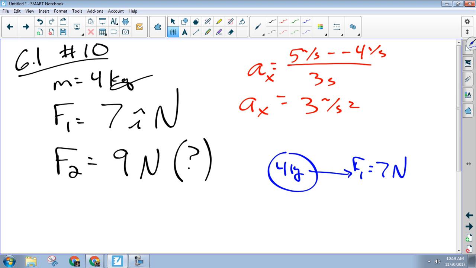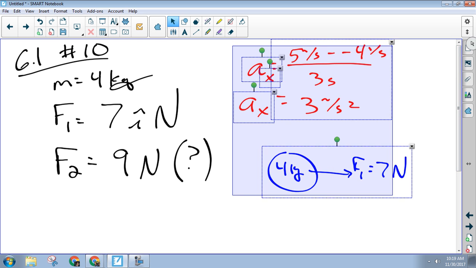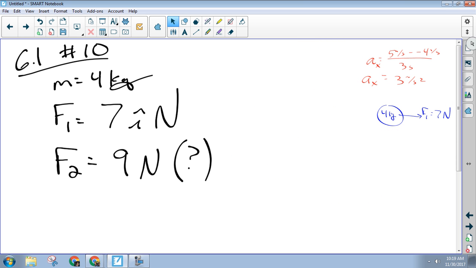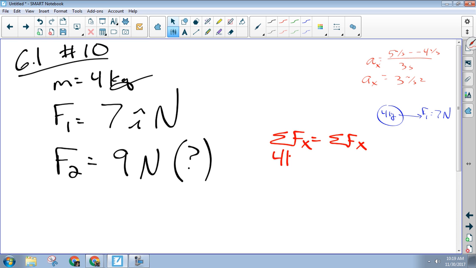So basically what I can do here is net force equals mass times acceleration. So here we go. Let's do net force x equals m a x. So mass is 4 kilograms. Acceleration is 3 meters a second squared. That's got to equal 7 newtons plus F2x.